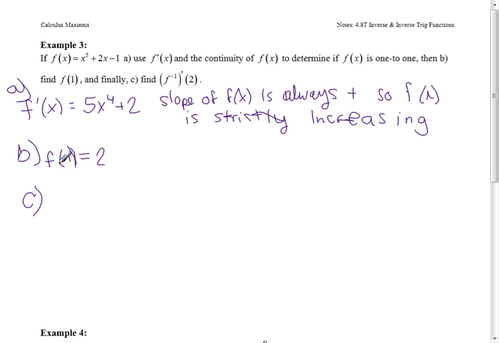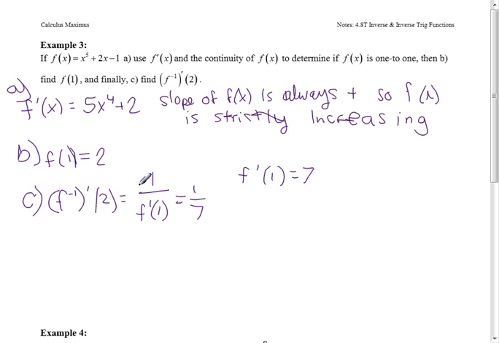So that means that if we're trying to find the derivative of f inverse at 2, then it's just going to be the reciprocal of the slope of the original function at 1. So we need to find what f prime of 1 is, and if we plug that in, okay, 1 to the 4th is 1, and then times 5 is 5 plus 2 is 7. So it looks like this is going to be 1 over 7.